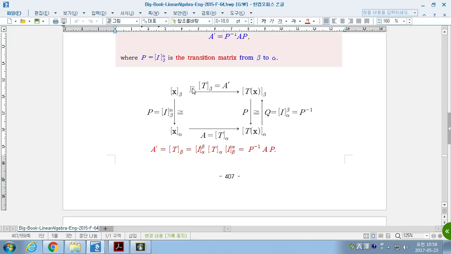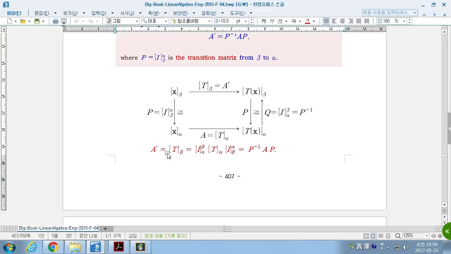If you have one vector x, then the image of x under A prime can also be obtained by multiplying these matrices, sending x from here to here, and from here to here. So x times matrix P times matrix A times matrix Q gives the same image as the image of x under A prime.